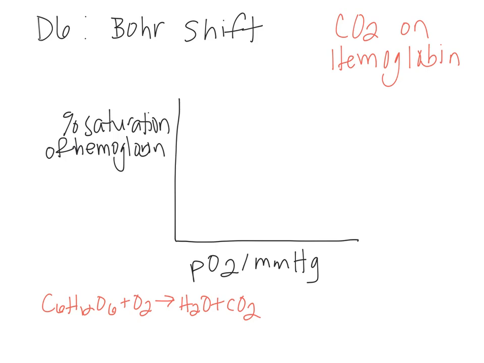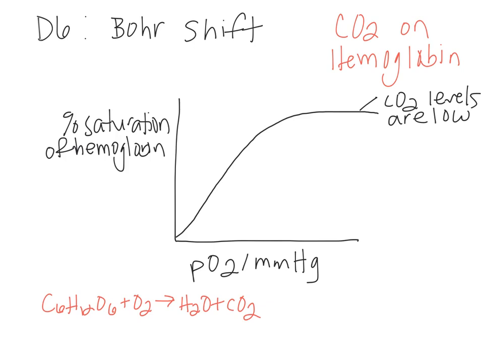Okay, so let's just draw our normal oxygen dissociation curve. So this should look just like the last one. And this is going to represent when carbon dioxide levels are low.